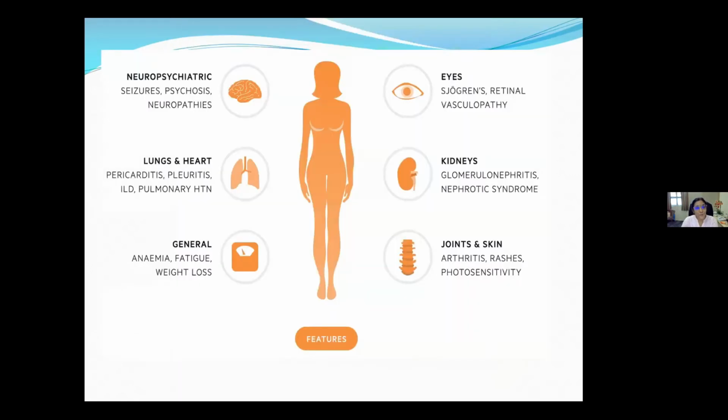They could present with seizures, psychosis or neuropathies. It could affect the lung or the heart, or they could have anemia, fatigue, weight loss, or it could affect the eyes, causing Sjogren syndrome. Retinal vasculopathy, kidney, they could have glomerulonephritis or nephrotic syndrome, and joints, it could cause arthritis, rashes, and photosensitivity as well.